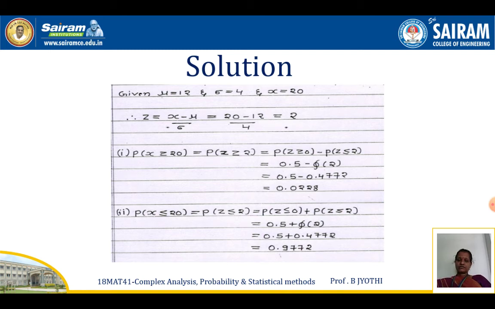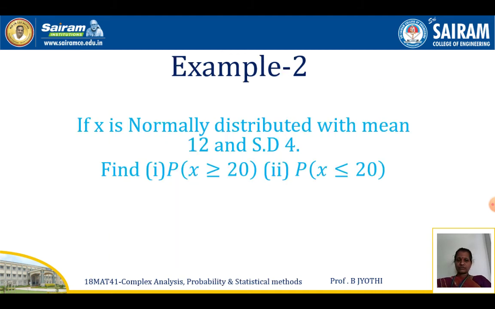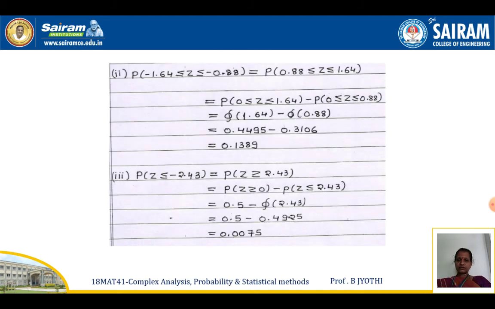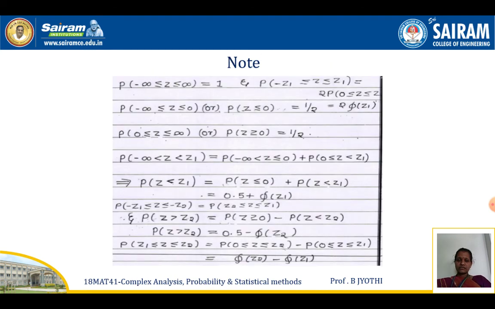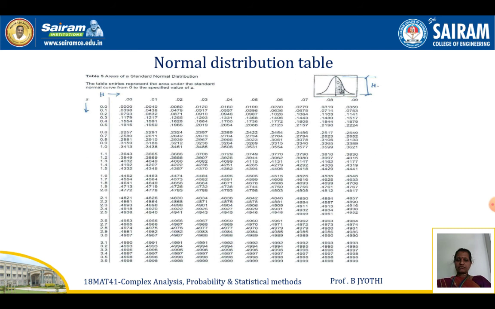The next question is P of x varying between 0 to 20. So it is z between 0 and 2. So we need to add in this case. Less than or equals to 20 means, look at this bell shaped curve.